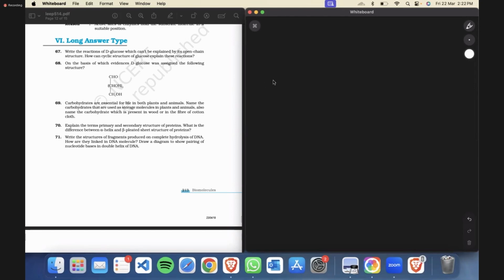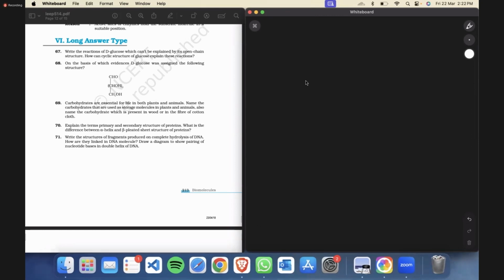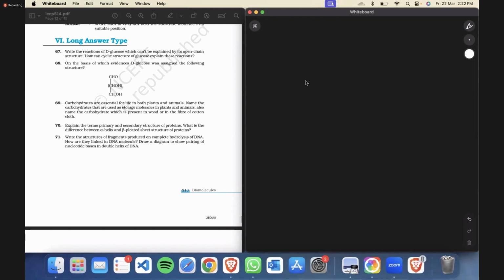Next question, question number 69. Carbohydrates are essential for life in both plants and animals. Name the carbohydrates that are used as storage molecules in plants and animals. Also name the carbohydrate which is present in wood or in the fiber of cotton cloth. So carbohydrates that are used as storage molecules in plants and animals are as follows.